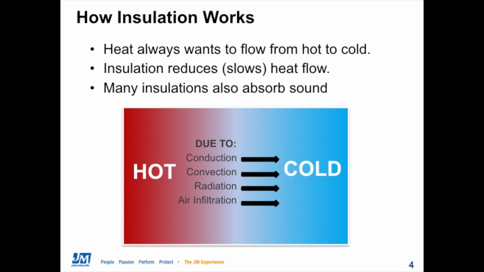And finally is air leakage, which is really an exaggerated form of convection, but it's really important in our buildings because air leaking in and out of our buildings takes quite a bit of heat along with it that we then have to either add or remove with our heating and cooling system. And so insulation really works by slowing all of these heat transfer mechanisms in varying amounts. Many insulation materials also absorb sound, providing acoustical benefits, and we'll dig into that a little more later.